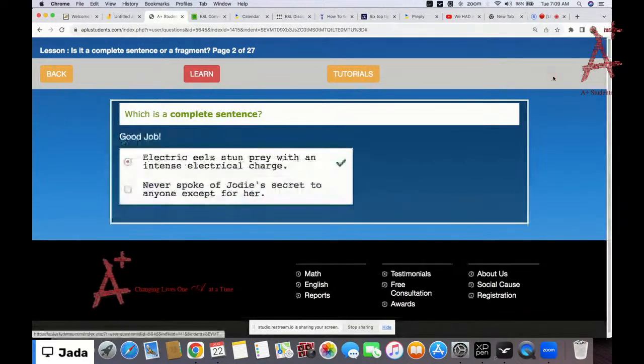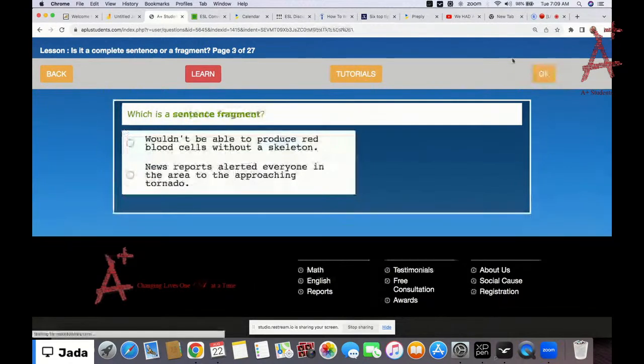Okay. All right. So now, which is a sentence fragment? "Wouldn't be able to produce red blood cells without a skeleton." "News reports alerted everyone in the area to the approaching tornado."